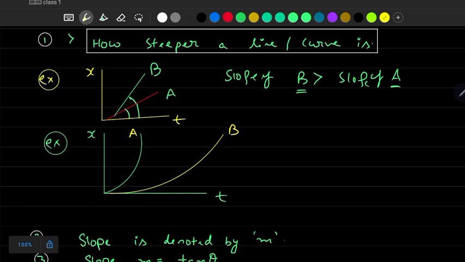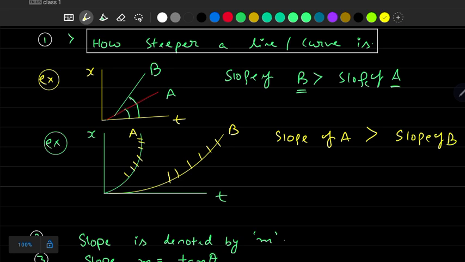Actually green curve A is steeper and curve B is less steep. You can see it by the diagram. So here again slope of A is greater than slope of B, because B is less steep.